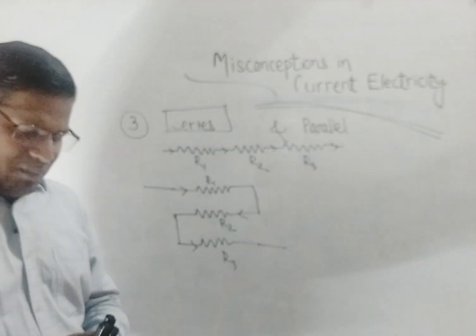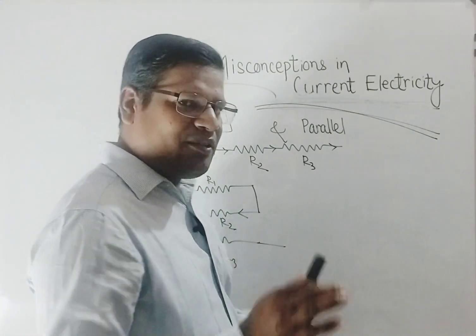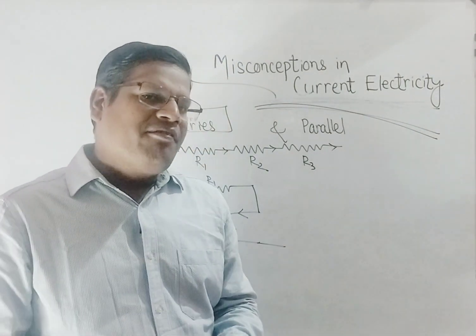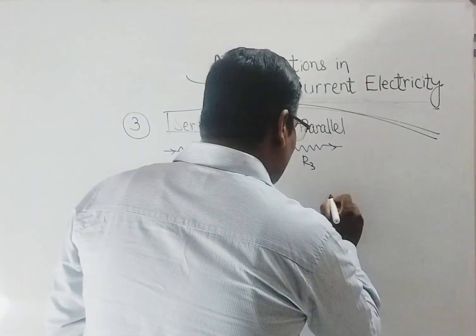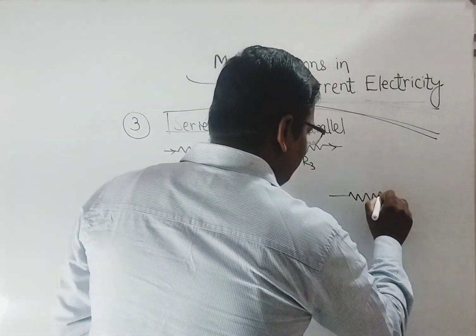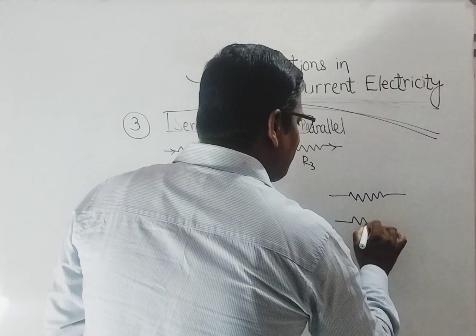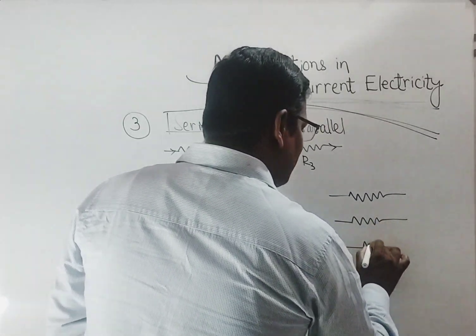Okay, now coming to parallel. Parallel connection means the same potential difference exists across all the resistors. For example, let's say here is a resistor. Here is another resistor. Here is another resistor.